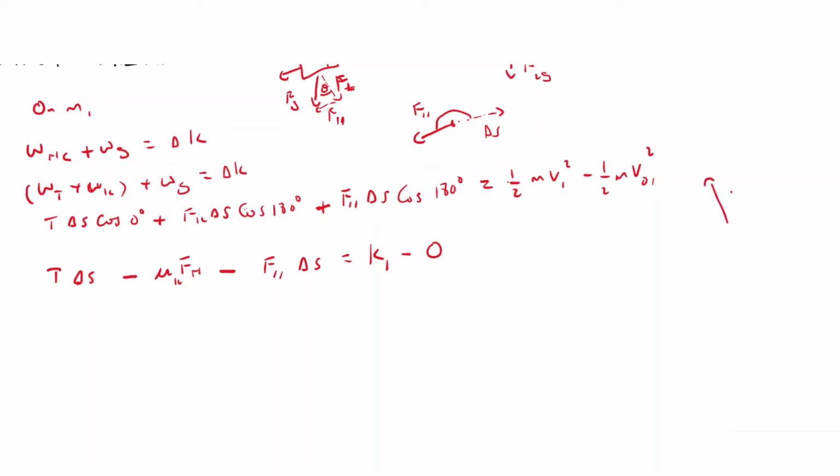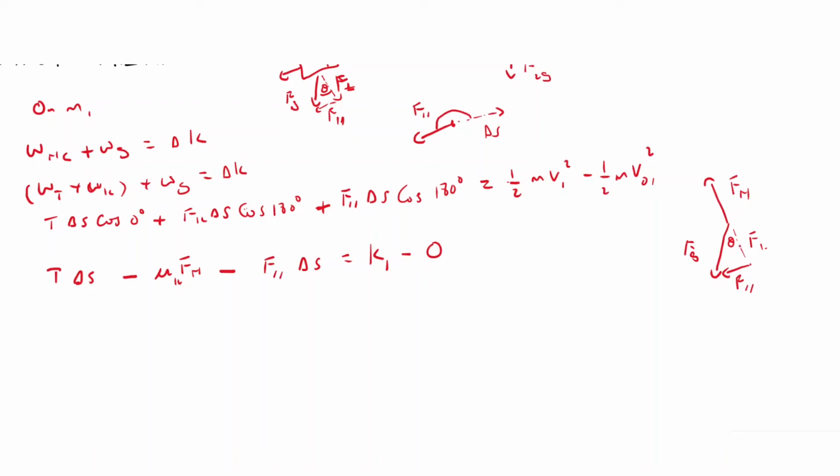I have Fn looks like that, and then I have FG looks like that, and then I have theta here, and then I have F parallel looks like that. Okay, so I can actually find what Fn is. This is F perpendicular. So if I use Newton's 2, and again, you should have watched my Newton's 2 lectures, I'm taking it that you already know how to do this, right?